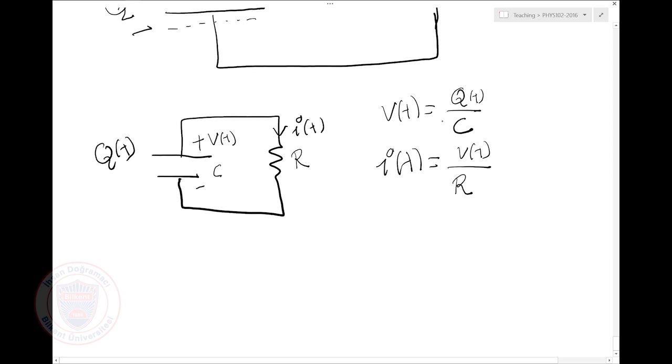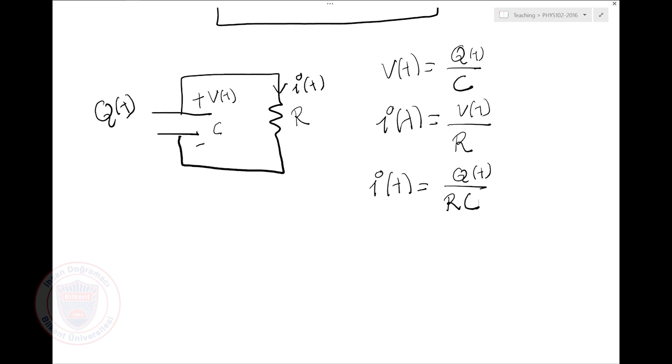So in other words, I can say I of t is Q of t divided by RC, if I combine this. But now, what is the source of this current? Where are these charges coming from? They are coming from the plus terminal of my capacitor. Right? That's their origin. So if I run current out of this plus terminal, this current is coming out of the plus terminal.